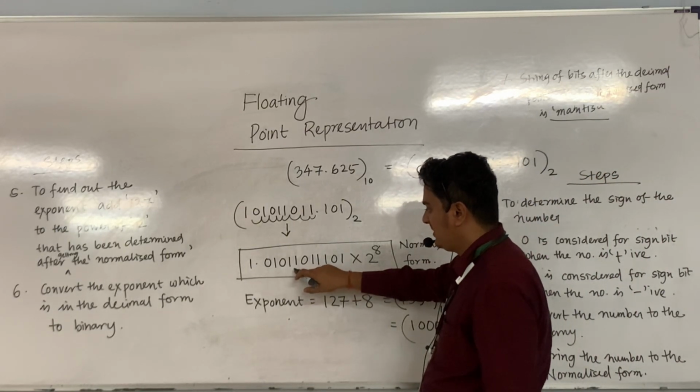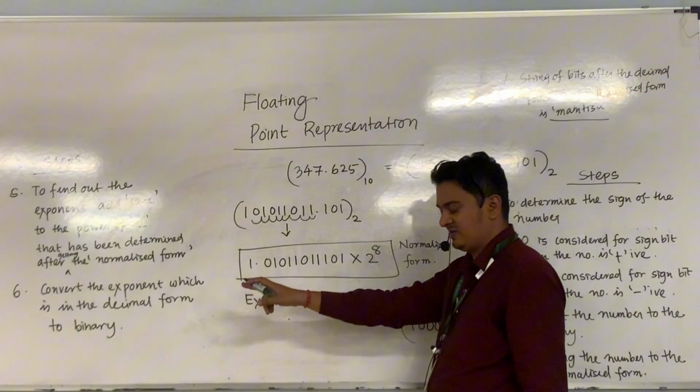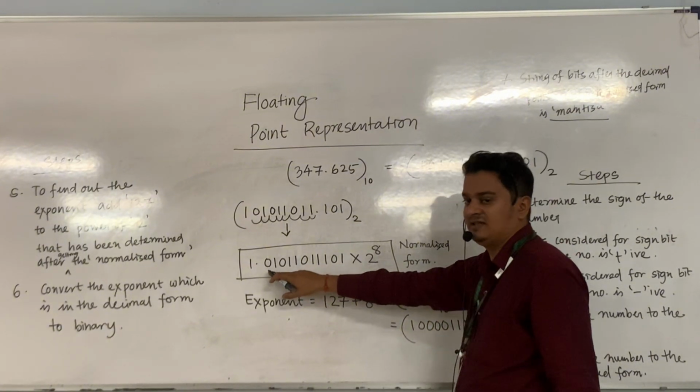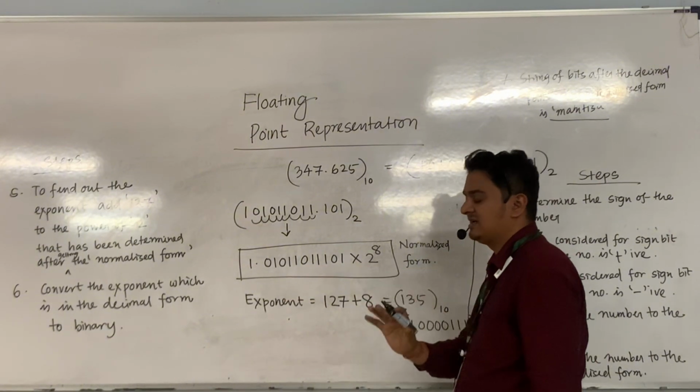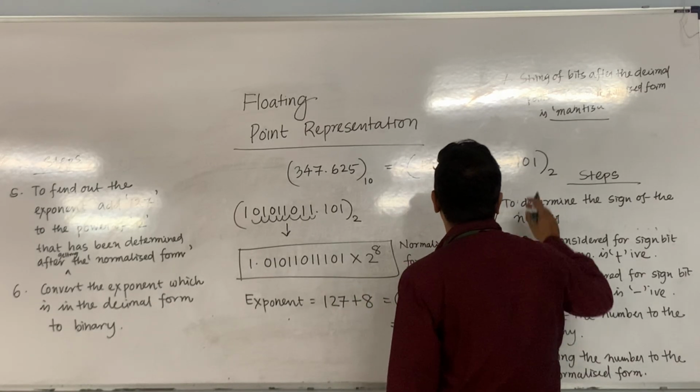So these are all now the mantissa. The exponent we got in binary value is step number 6, and step number 7 is whatever is there after this decimal point, known as the mantissa. So we got the mantissa.